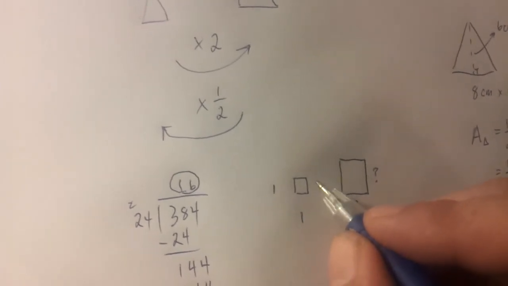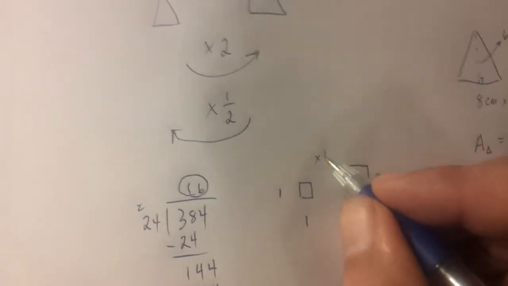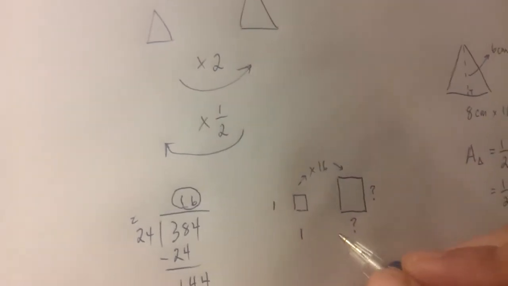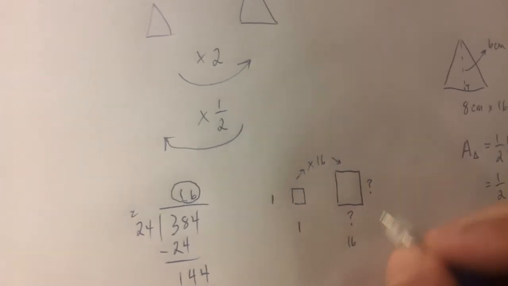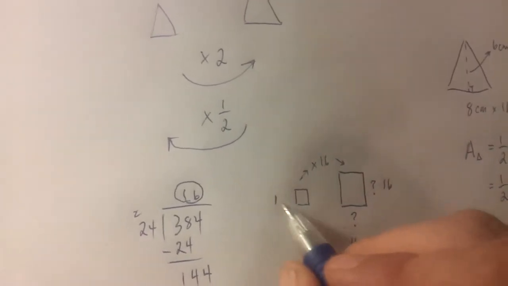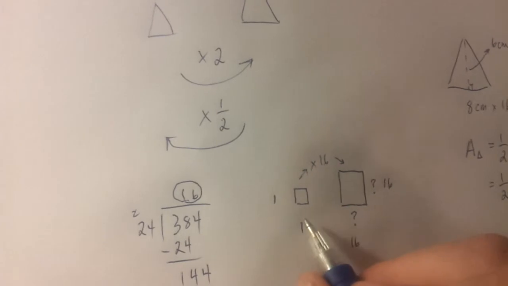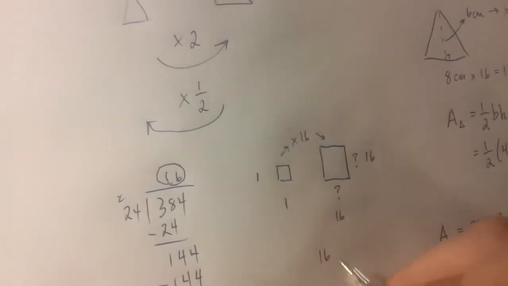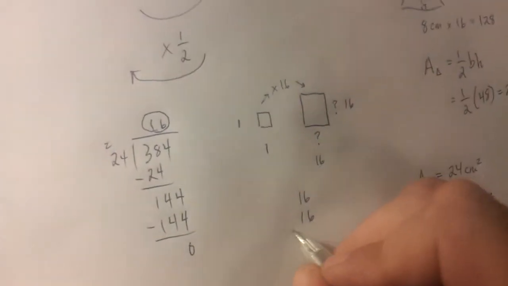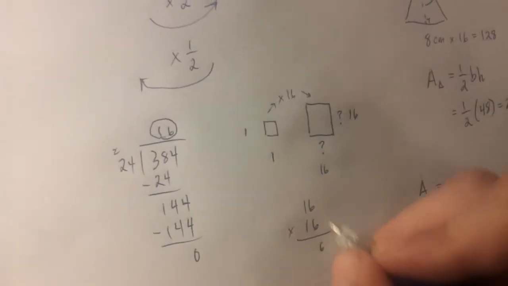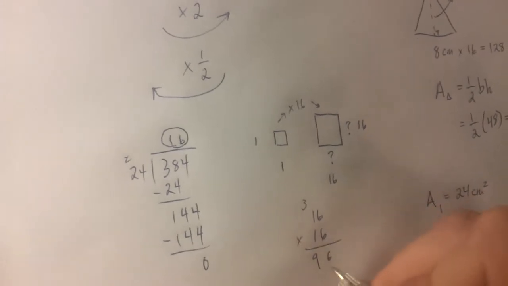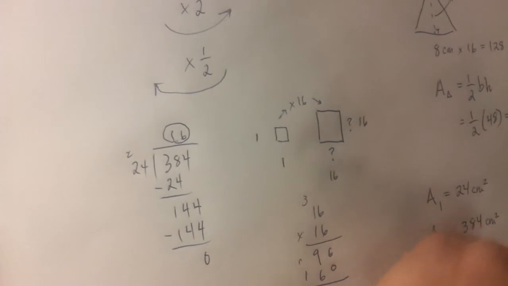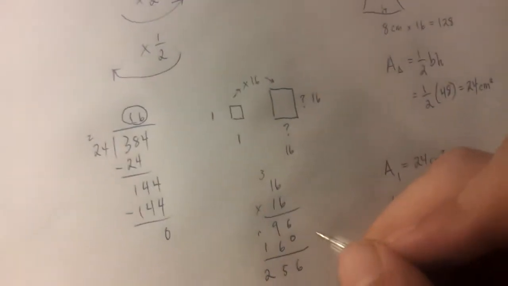Now let's say that we multiplied it by a scale factor of 16. That would mean I'd have a side of 16 and a side of 16, if I multiplied 1 times 16 and 1 times 16. Well, 16 squared is 256.